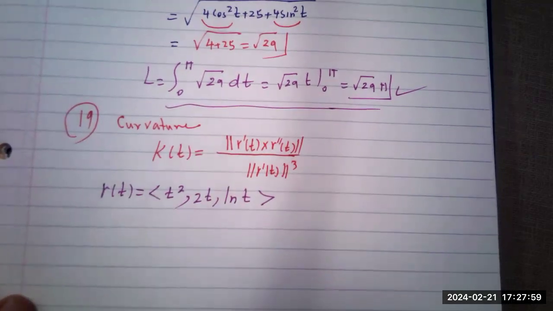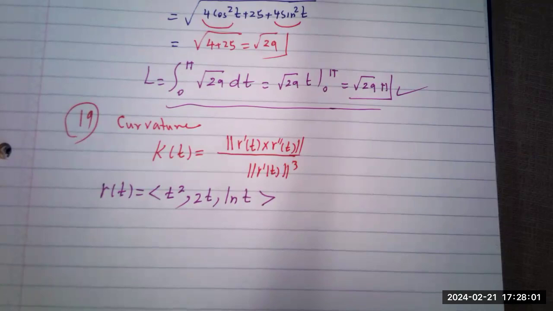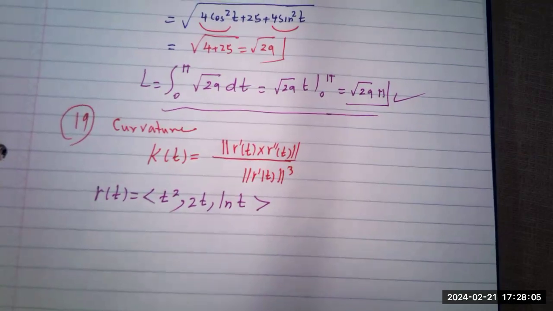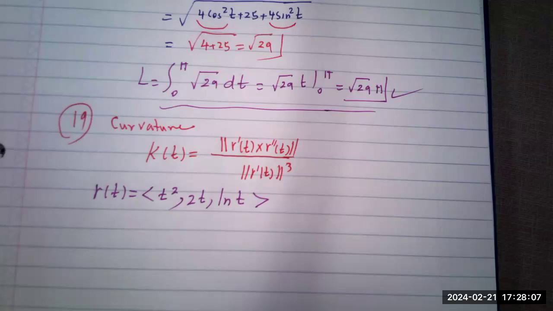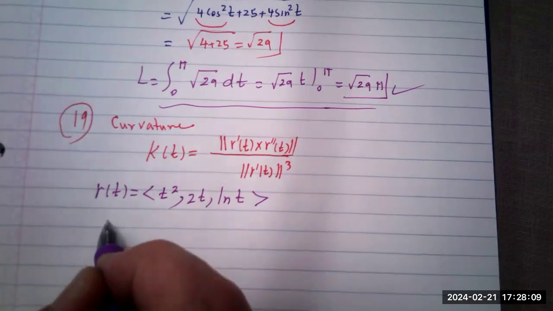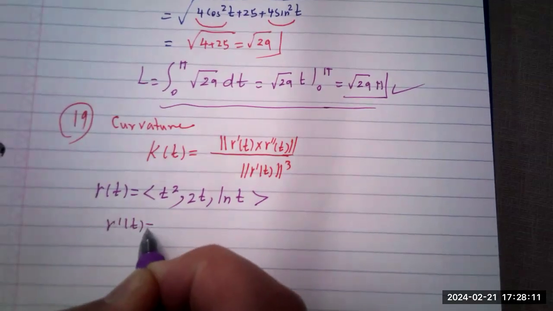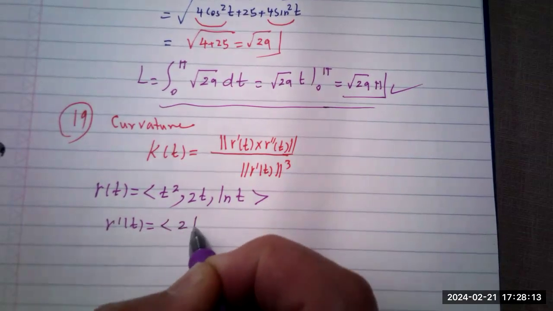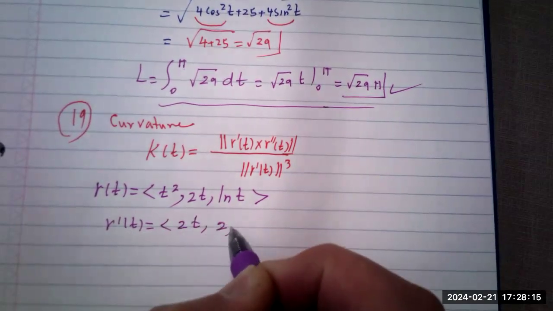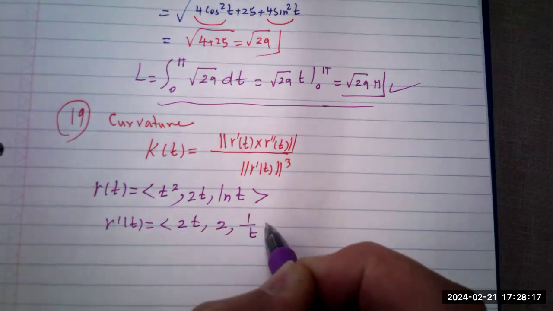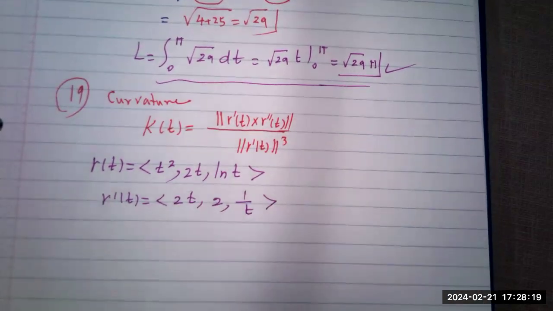Try this one. Get those derivatives first, r prime and r double prime. So r prime of t would be 2t, 2, 1 over t. That is r prime of t.